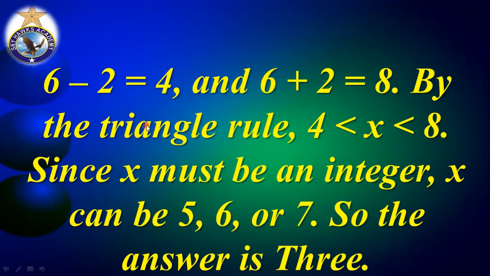But you will have to recall the triangle rule, which says that the difference must be less than the length of the third side, and the sum must be greater than the length of the third side. So that's why it's not true in this sense, but this is just the indication. This is just telling us the boundaries of the length of the third side.